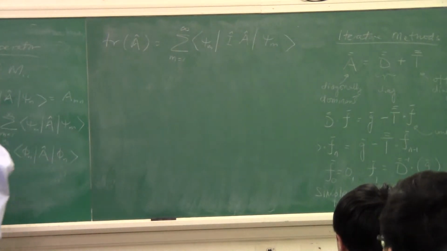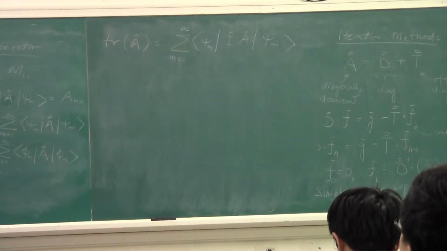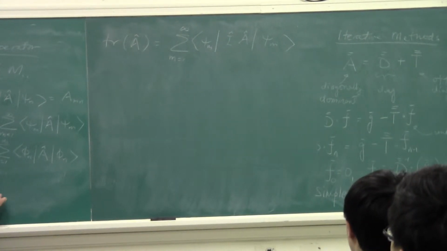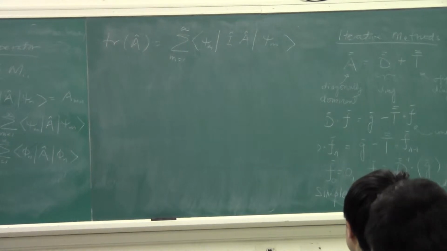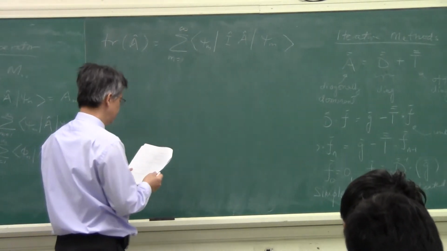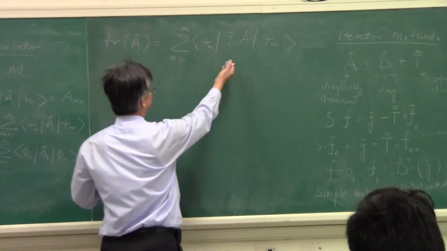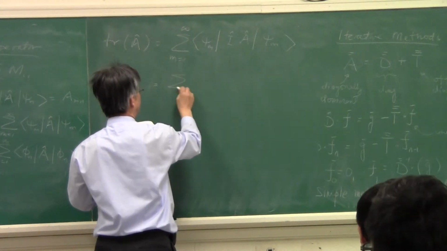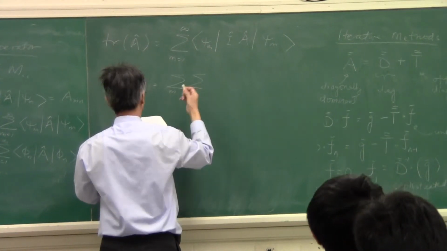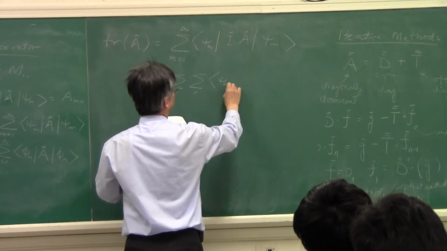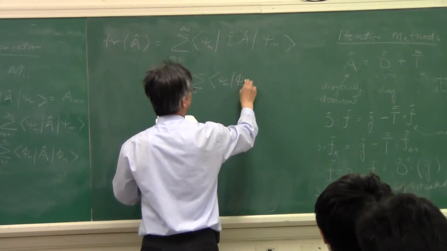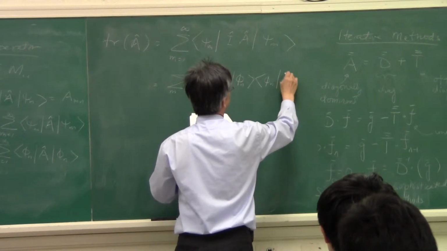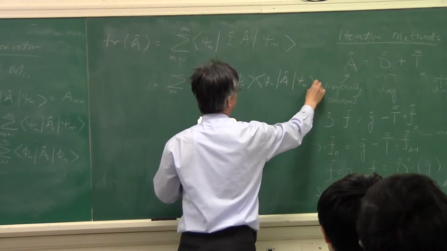And let me call this n in order not to confuse the indexing. Let me just insert the identity operator in there. And then we can, of course, exchange the order of the summations because the sums are not dependent on m and n. So I will have psi_n here, psi_n here, and then I will have A at psi_m.